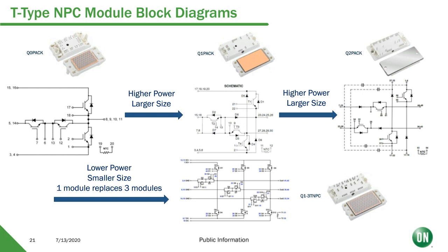Additionally, ON has a portfolio that ranges between the Q0 pack, the Q1 pack, and the Q2 pack as you increase the power capabilities going from left to right. The Q2 pack has a base plate on the backside for increased power capabilities. And then, as mentioned, for the residential market, we do have three-phase all-in-one modules in a Q1 pack, where we incorporate all three output phases into one module compared to using one module per phase.